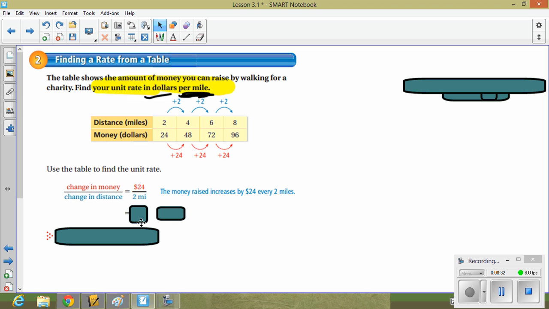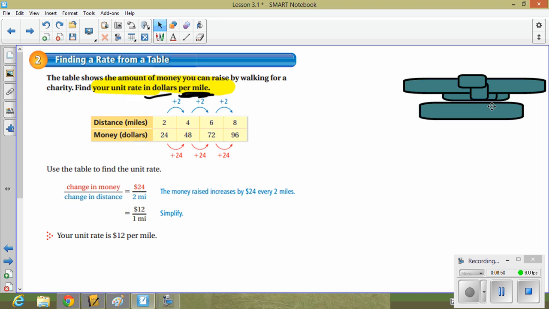We can reduce this. Okay, we want to find unit rate. So unit rate means that the denominator needs to be 1. So I'm going to divide 24 and 2 by 2. So I get $12 over 1 mile, which simply means that I earn $12 for every mile you walk.